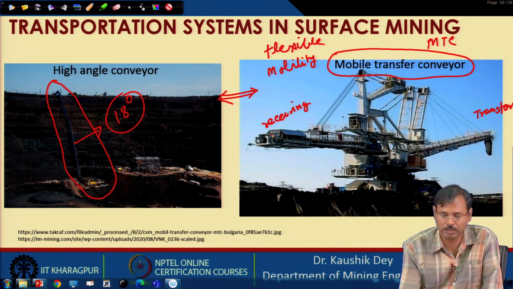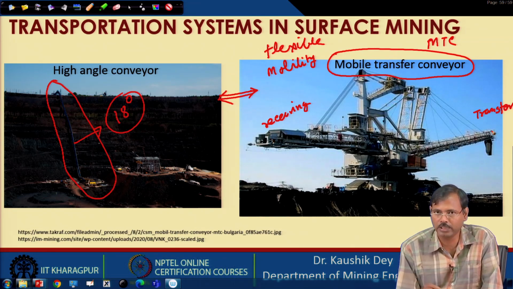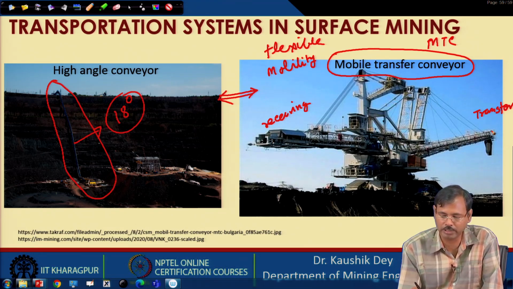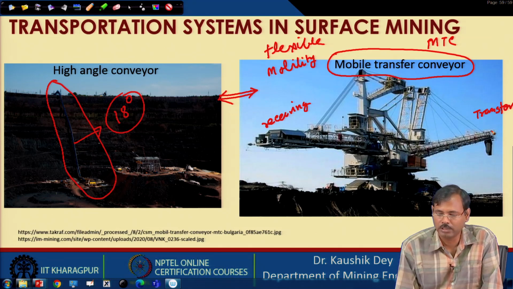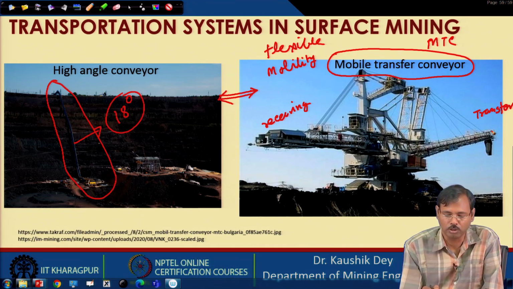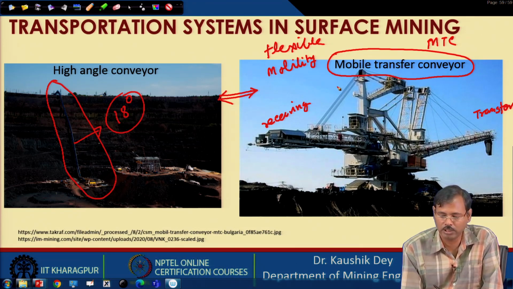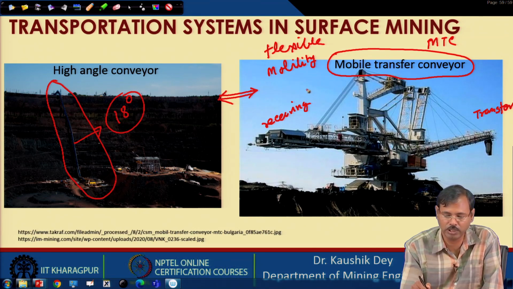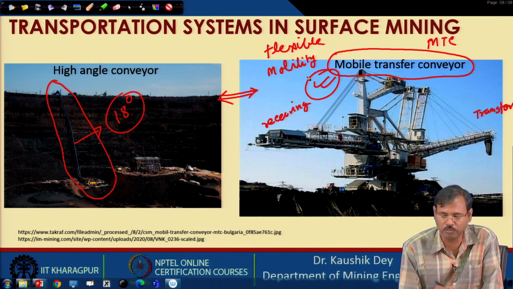It is either receiving from a bucket wheel excavator or similar types of excavating machines, or from the in-pit crusher, and transferring that to the main conveyor or MTC. So, it is acting as the intermittent transferring system. This is very popular and gives high productivity in the transportation system in the mine.